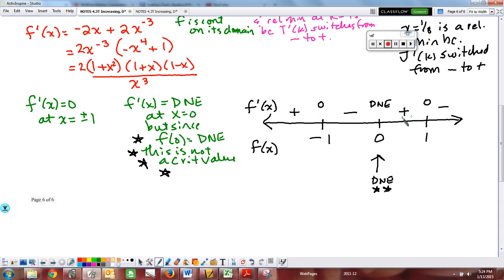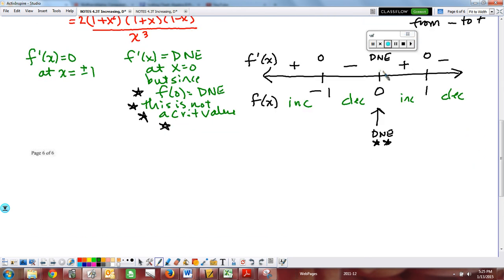So you see how, when we're looking at our original function, we are going to say the original function is increasing, decreasing, increasing, and then decreasing. But what we do not want to do is make a conclusion that there is a local extrema at x equal to 0, because that's going to be a vertical asymptote on the graph. You cannot be an extrema if you are not a point.